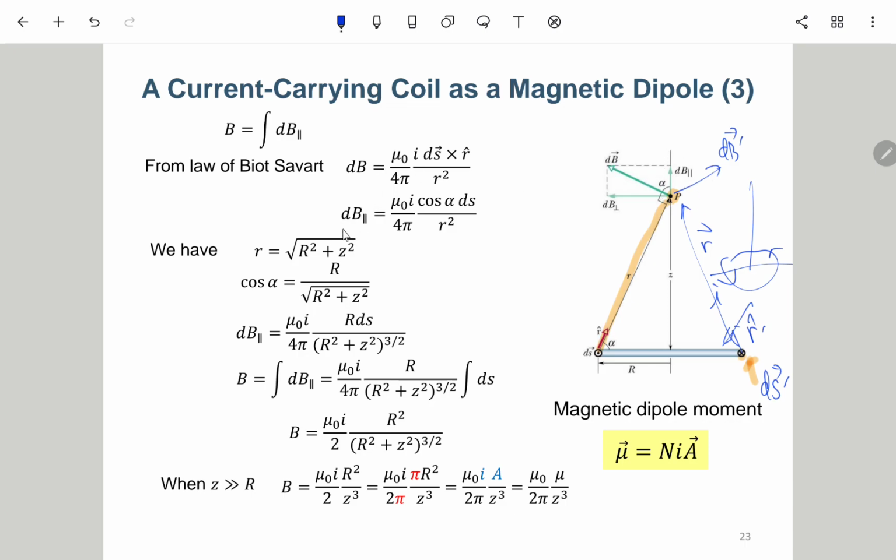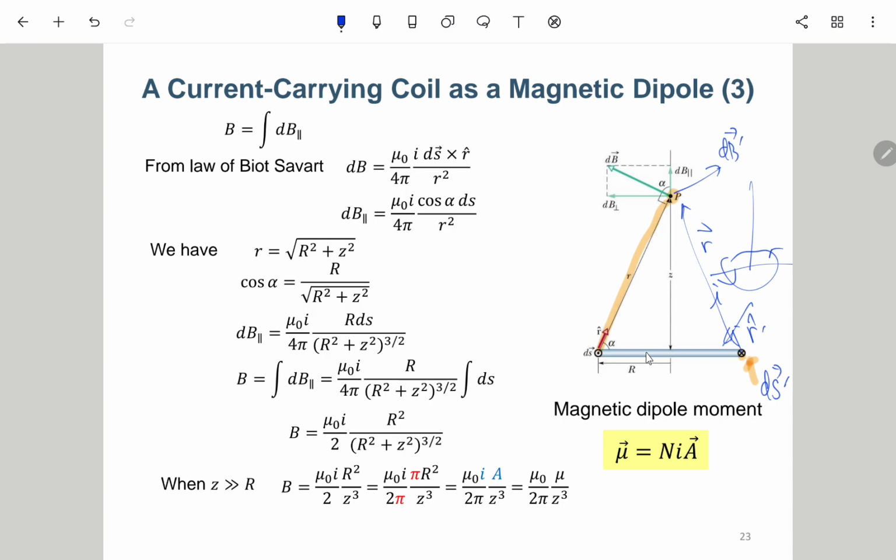Here we write dB parallel is mu naught over 4 pi, and then I is here, and then ds is here, and then this is 1, the magnitude of this unit vector is 1, and then cosine of alpha. Cosine of alpha means that alpha is the angle between ds and r hat.